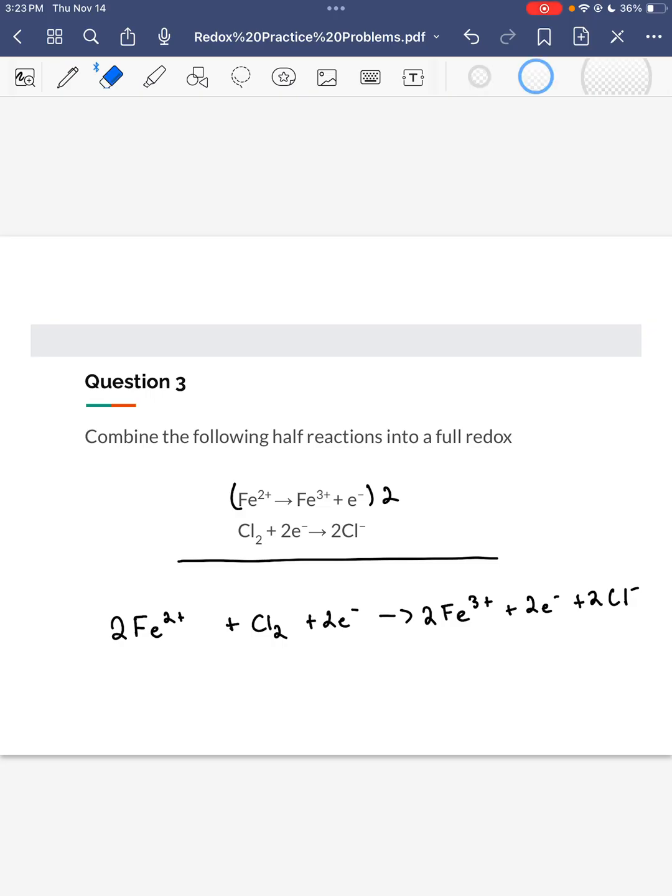And then I can go ahead and erase my 2 electrons because those are the same on both sides of the equation. And now my final combined half reaction should look like this.